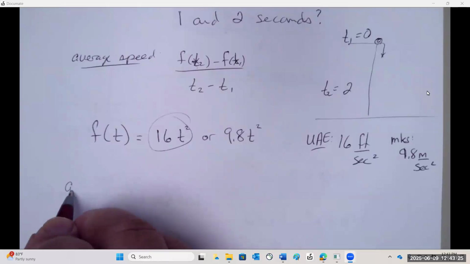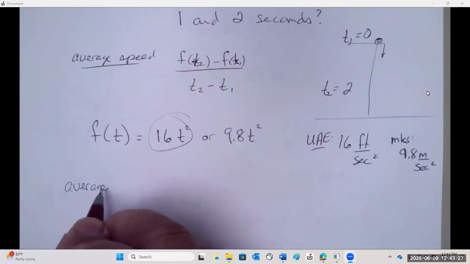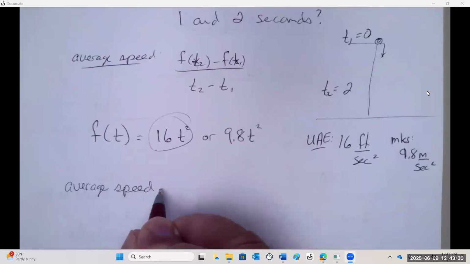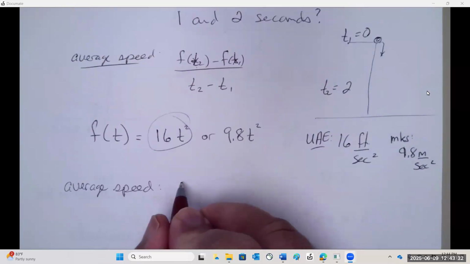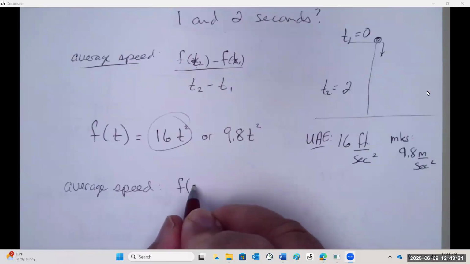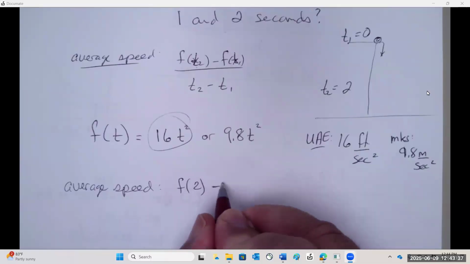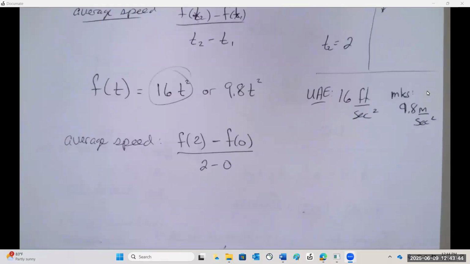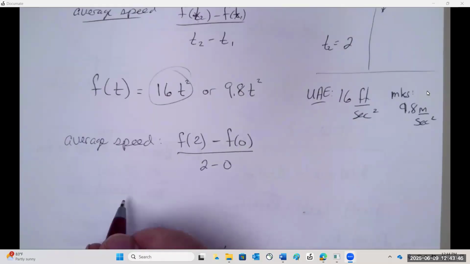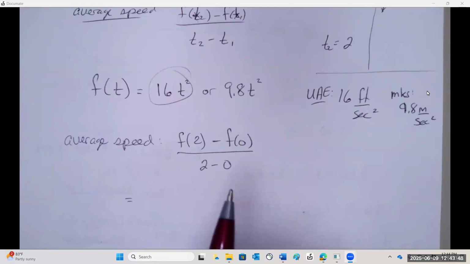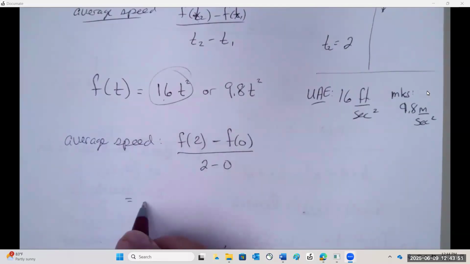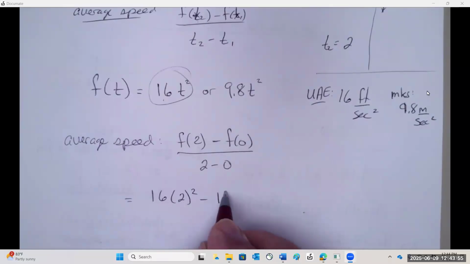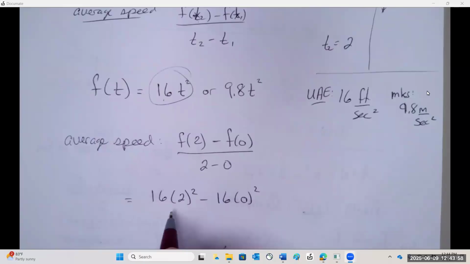So our average speed is f of t2, which is 2, minus f of t1, which is 0, over 2 minus 0. So we have 16 times 2 squared minus 16 times 0 squared.